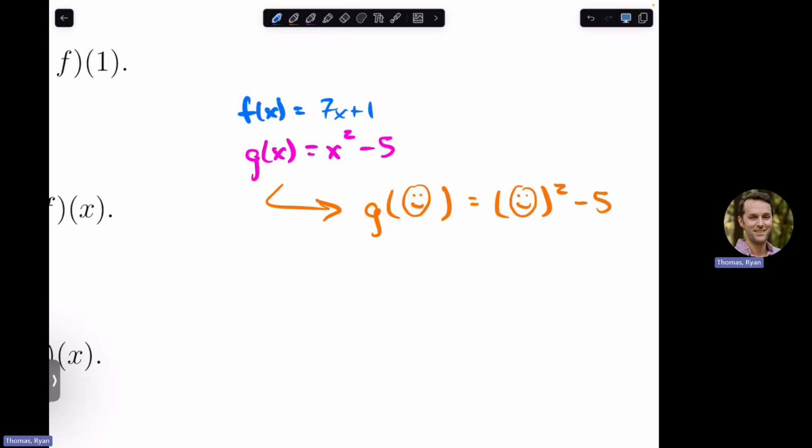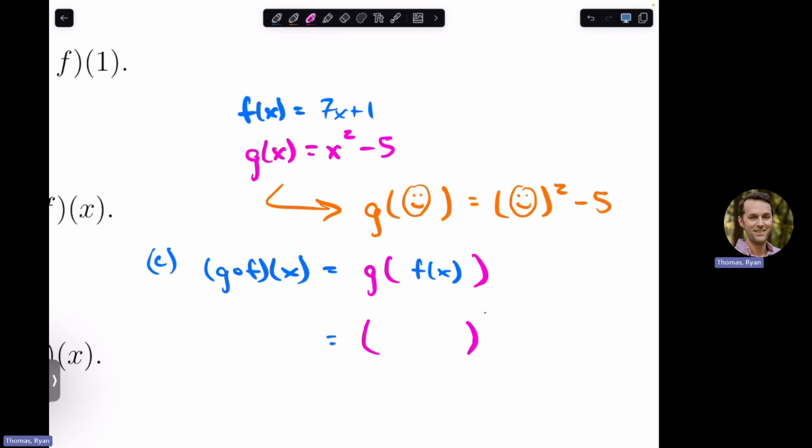So if what we're trying to find, like in C, is g of f of x, that means we're going to have a thing that looks like g, and g looks like this, and we're going to fill it in with whatever f is.